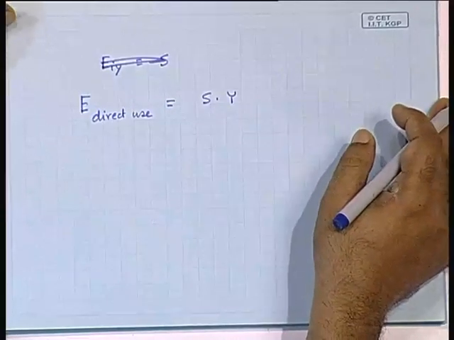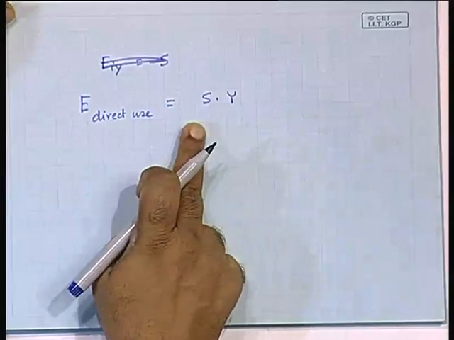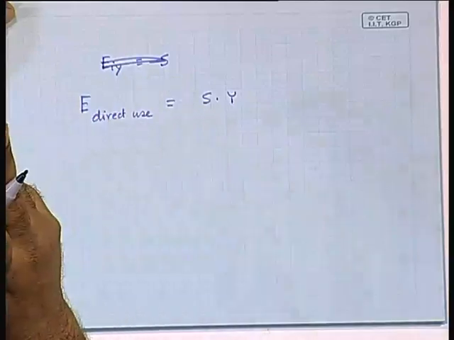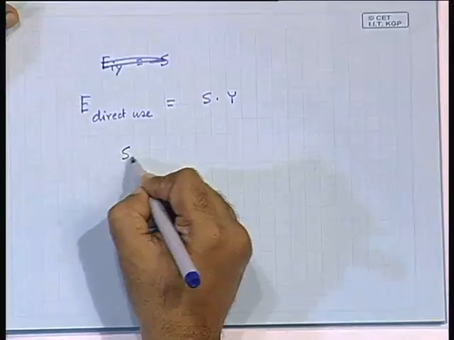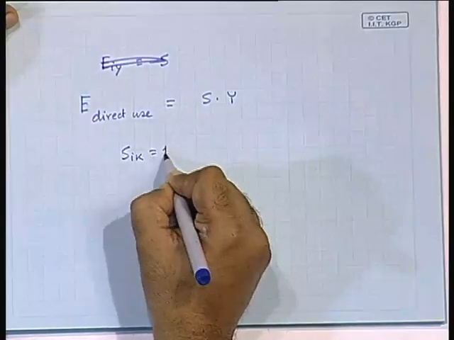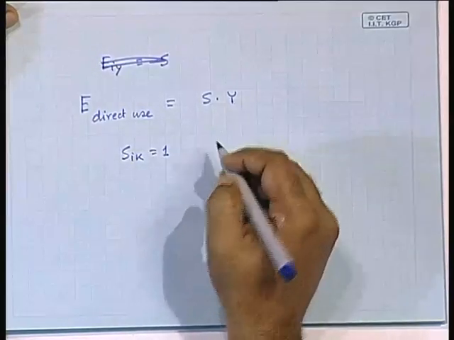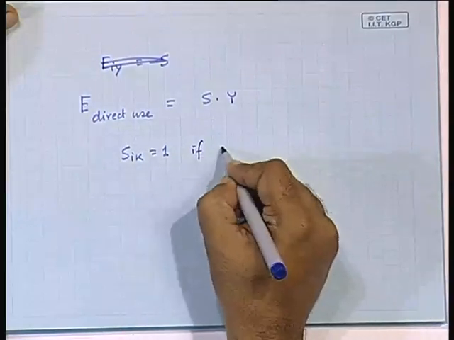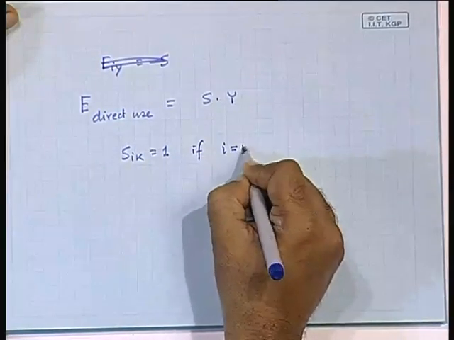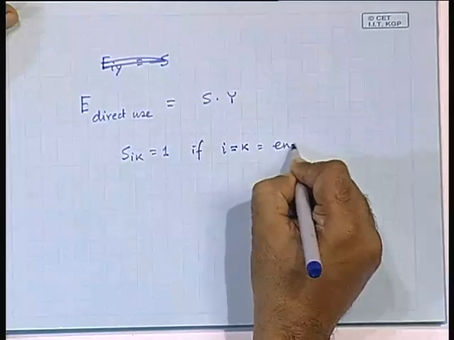Now, this S obviously should be a matrix with only components that are 0 or 1. S_Ik is 1 if I is equal to k is equal to energy sector.